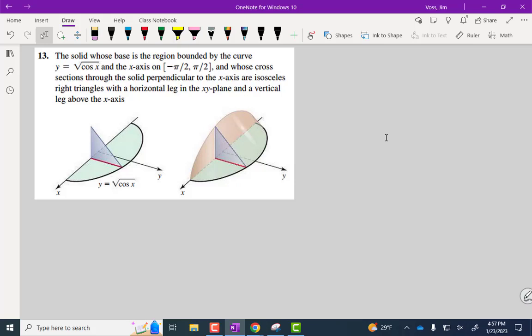Isosceles triangles have two equal legs. So this tells us that the distance right here is also square root of cosine.